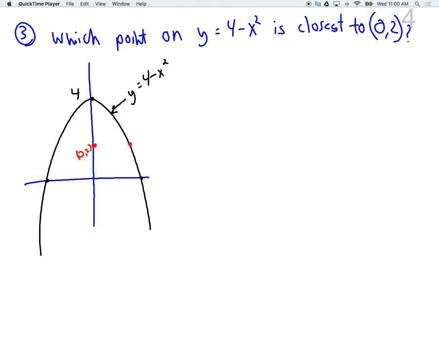It's x comma f of x, which is x comma 4 minus x squared. Remember, we're no longer using x, y for the most part. We're doing x comma f of x, and we know f of x is 4 minus x squared. And what is it I want to minimize? Distance. So I want to minimize this, which we'll call d for distance.